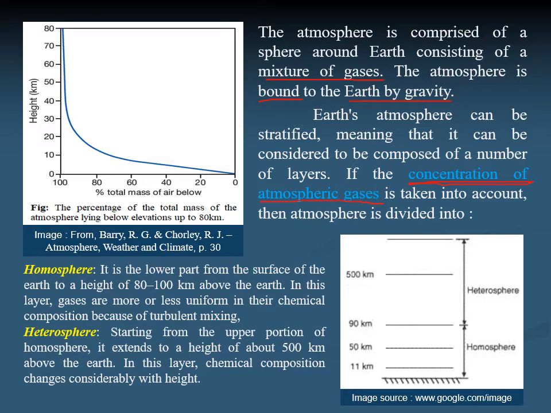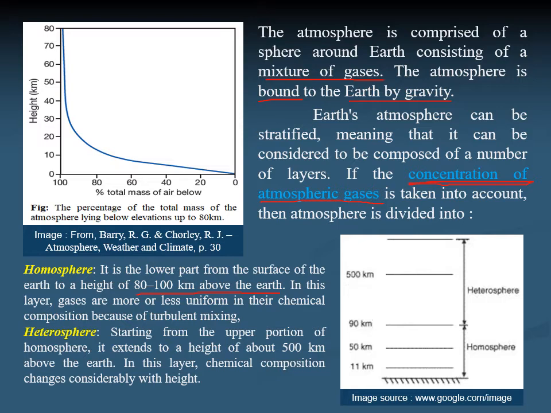It is found that up to a height of about 80 to 100 kilometers above the Earth's surface, the concentration of gases is more or less uniform. That means the chemical composition of the atmosphere is more or less uniform up to an altitude of around 80 to 100 kilometers.